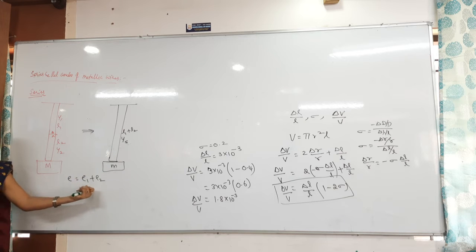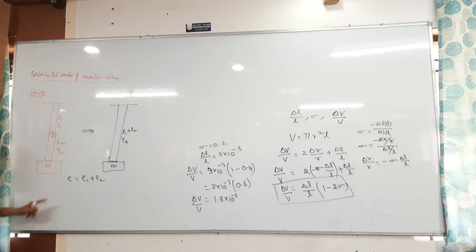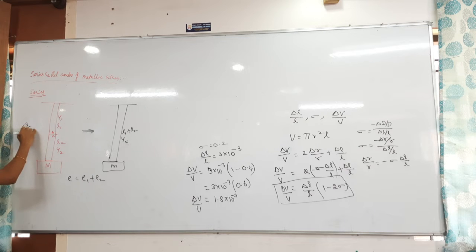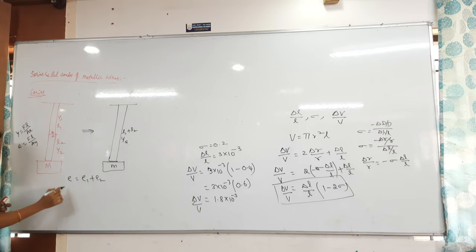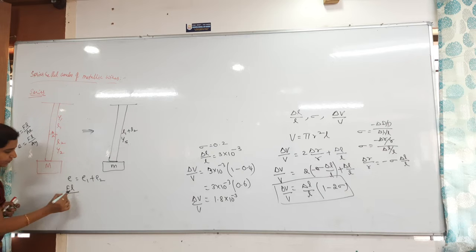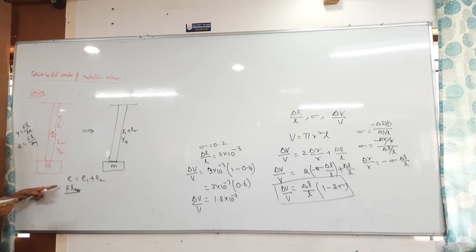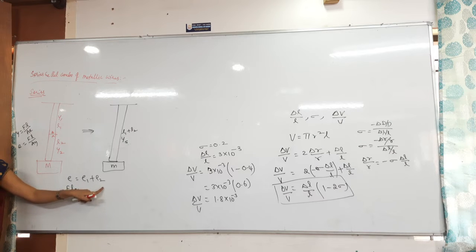So E is equal to E1 plus E2. What is the formula from Young's modulus? Y is equal to FL by AE. Then E is equal to FL divided by Y into A. So L is the total, L effective. This is the total effective elongation. Effective elongation is equal to E1 plus E2 you have to take.